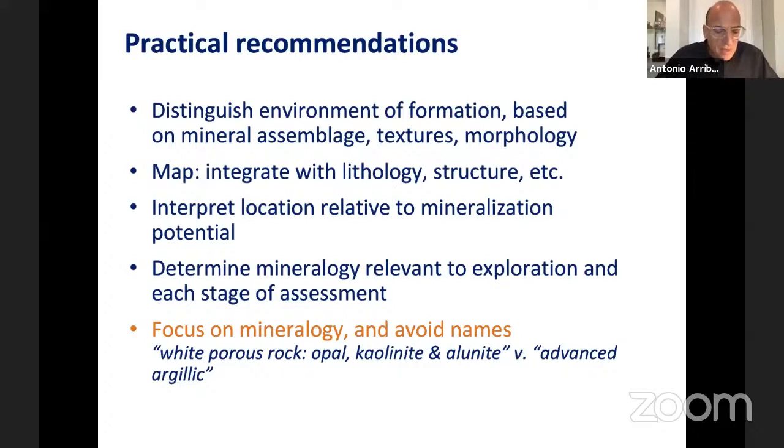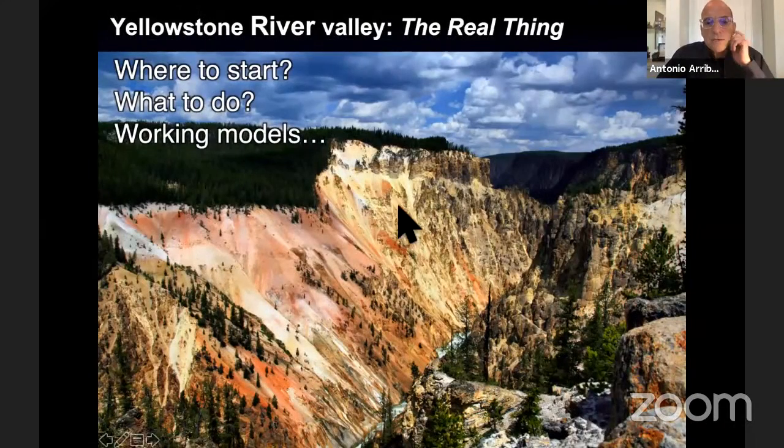So if you have a huge area of what looks like a steam-heated alteration, let's look at the photograph here. I'm going to assume, and that's dangerous, that this is not a silica, a residual quartz horizon.